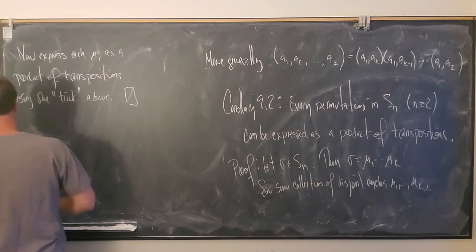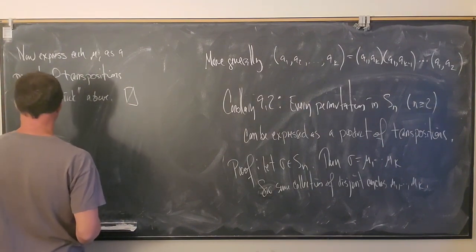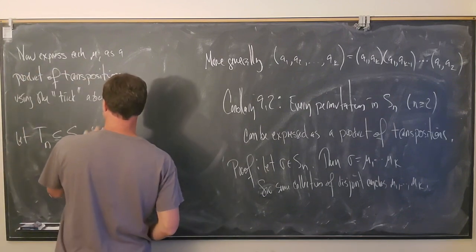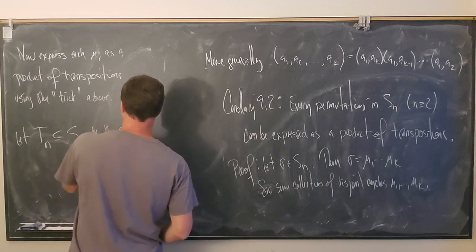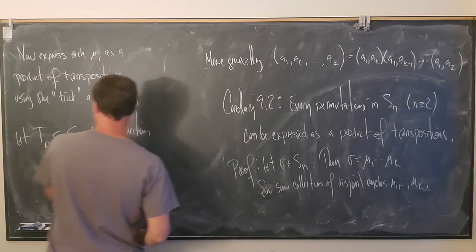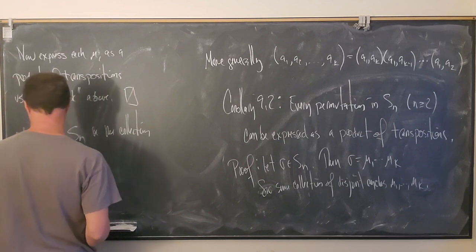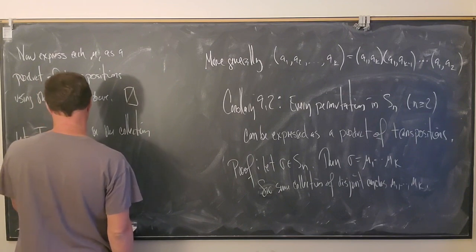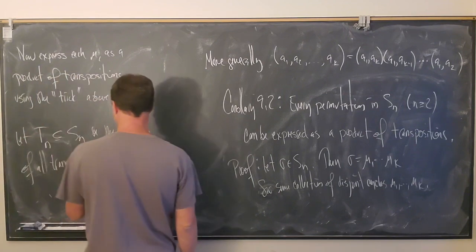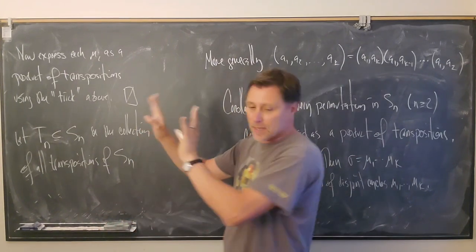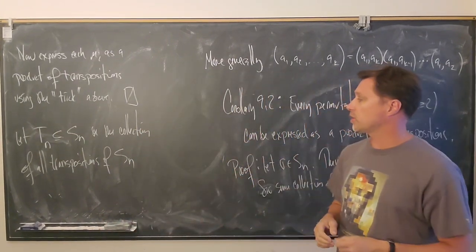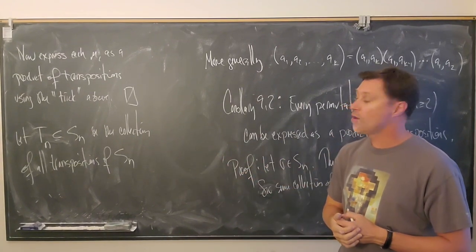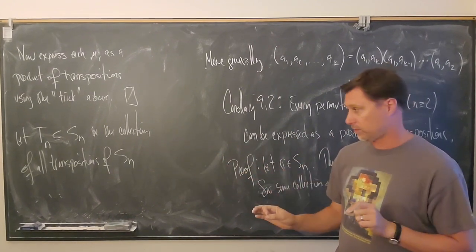Let T sub n be the subset of S sub n, the collection of all transpositions of S sub n. So it's not a subgroup, it's just a collection of transpositions. T sub n is the set of all possible transpositions that you can form from the numbers 1 through n.